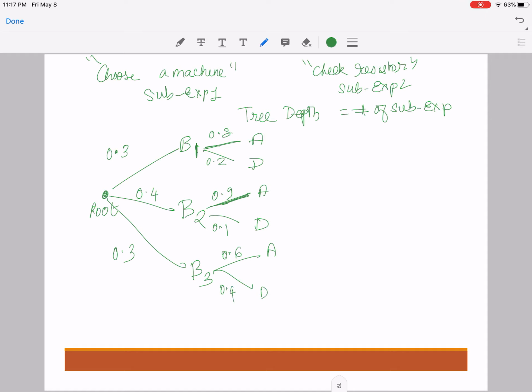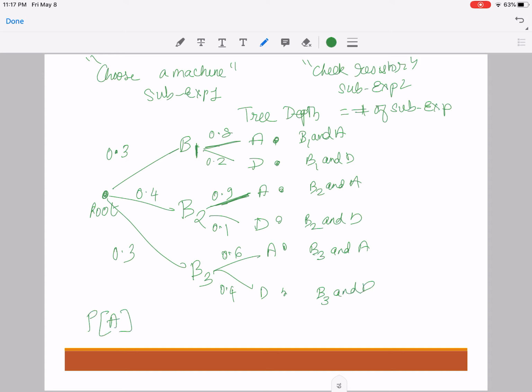I am interested in acceptable resistors. First, let's denote these leaves. So this leaf right here is B1 and A. This one is B1 and D. This is B2 and A. This is B2 and D. B3 and A, and this is B3 and D. I'm interested in probability of acceptable resistors.